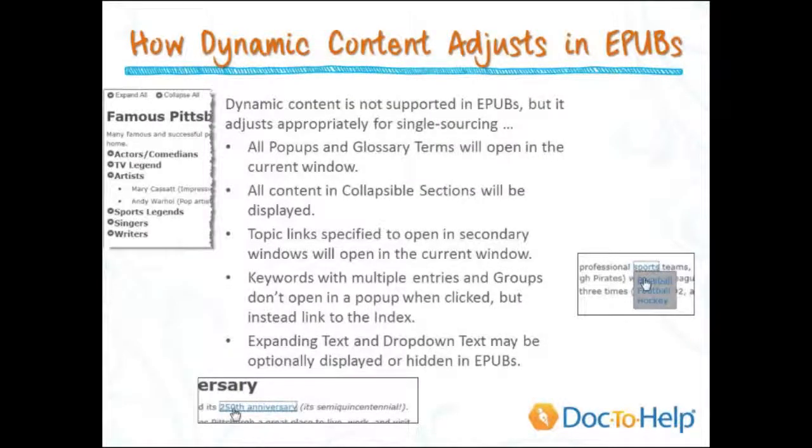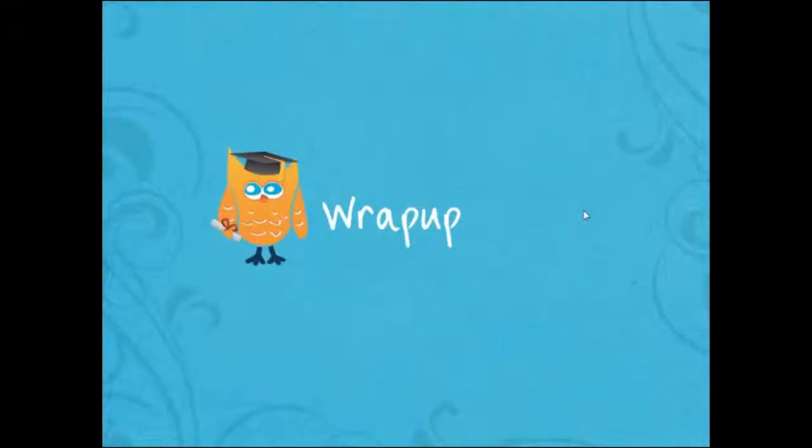I just wanted to point this out: Doc to Help has, and this is in the documentation, a bunch of features to support this kind of dynamic content, these pop-ups and these collapsible sections, all of these things. So if you use those in your project, Doc to Help has ways to handle that kind of content in EPUB, so you don't need to worry about it.